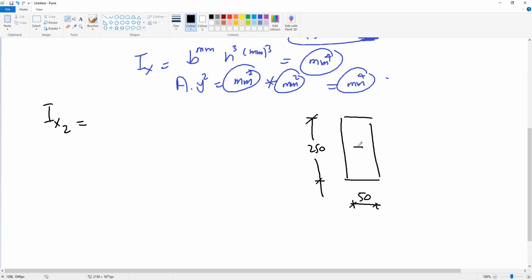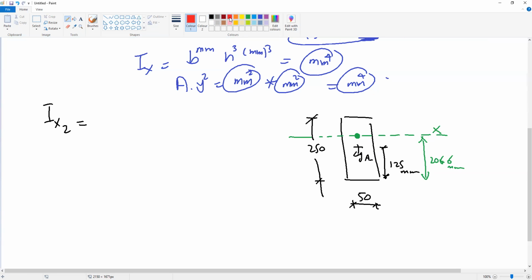And the centroid here is at 125 millimeter, and this is the x-axis, and this was 206 millimeter. So again, the x-axis is not passing through the centroid of area A2.